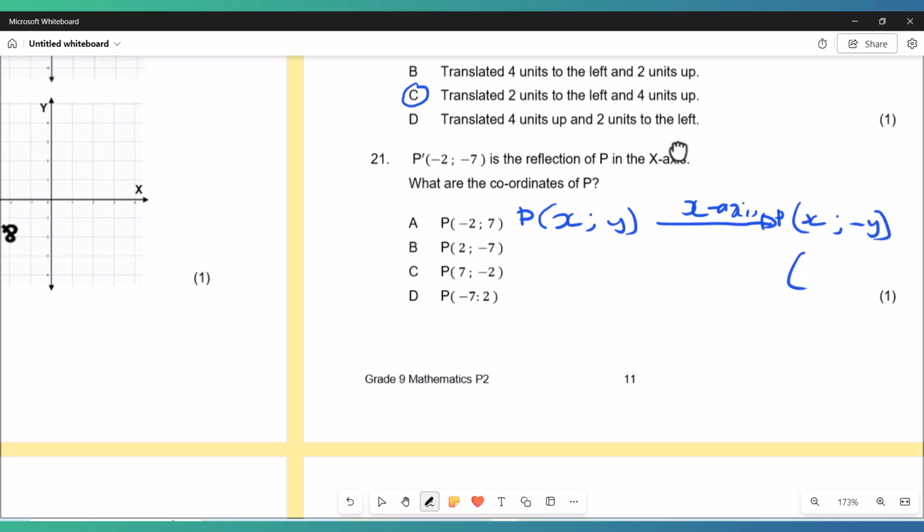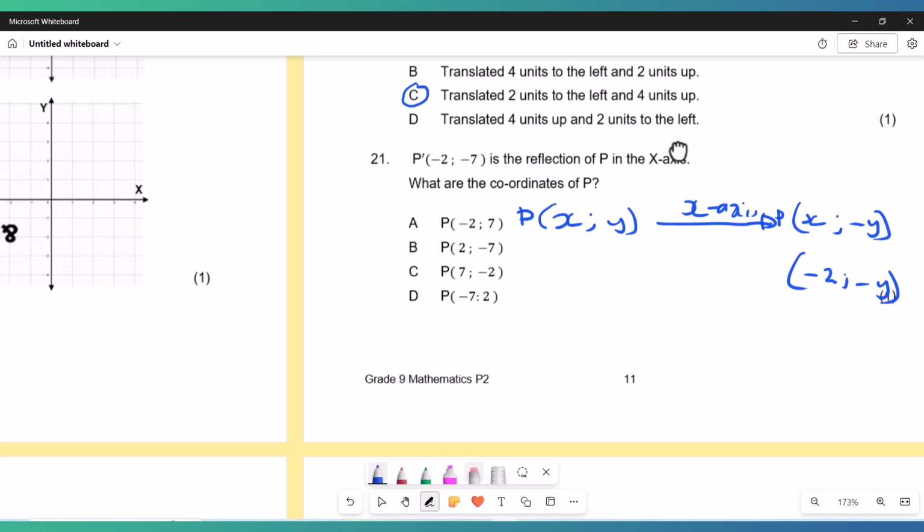So when I say here minus 2 is to minus 7, now in that case, I'm looking for the coordinates of P here. Okay, now if I follow my rule, what have they done?